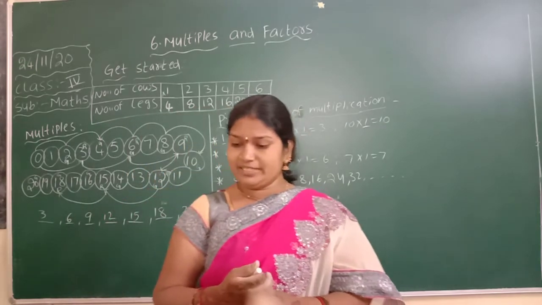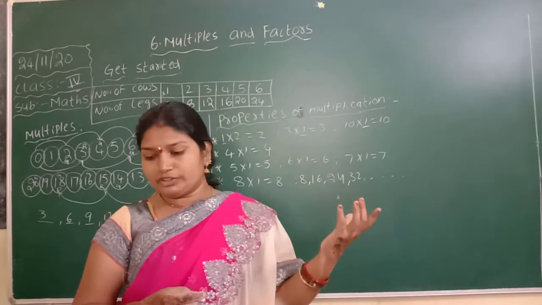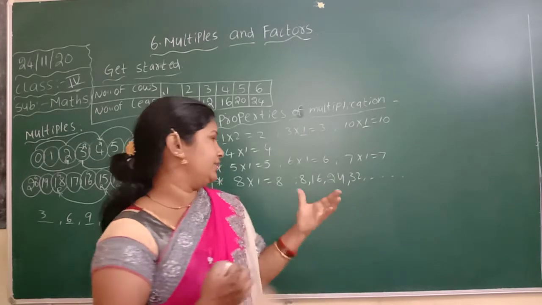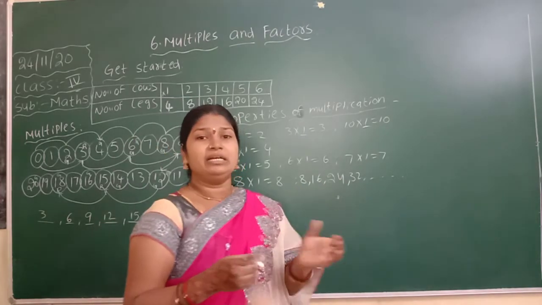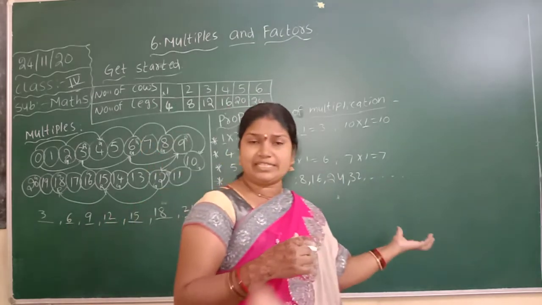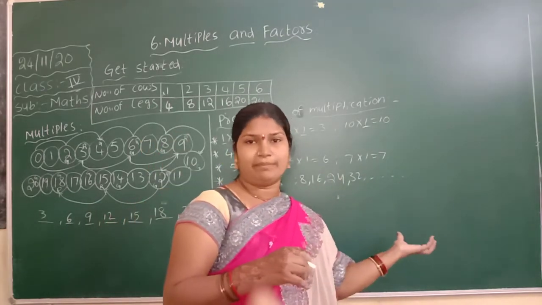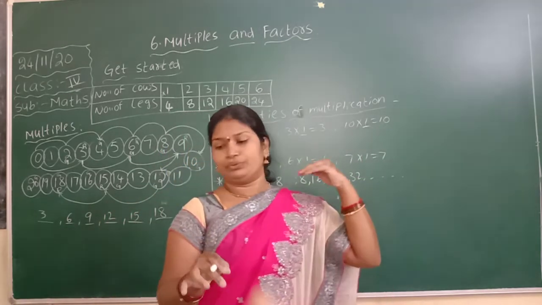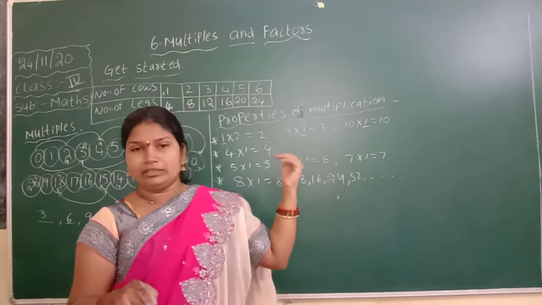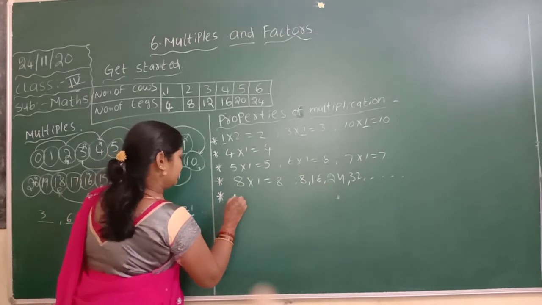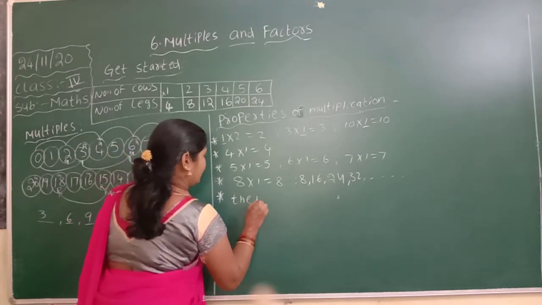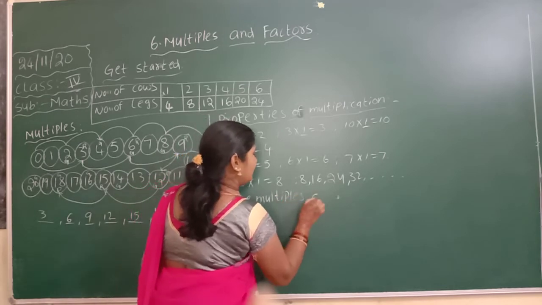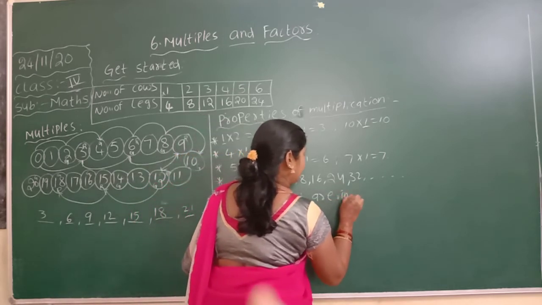And the next one is, there is no largest multiple of a number, as multiples are infinite. In these multiples, there is no last number. The multiples continue; the multiples are infinite.